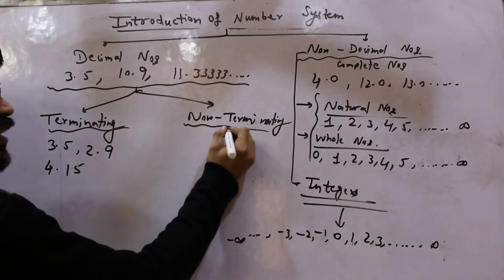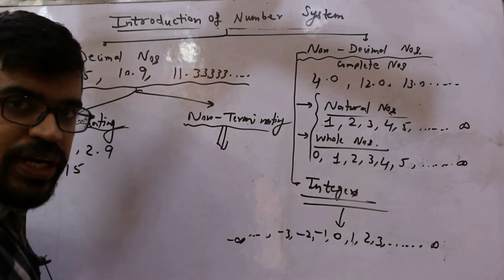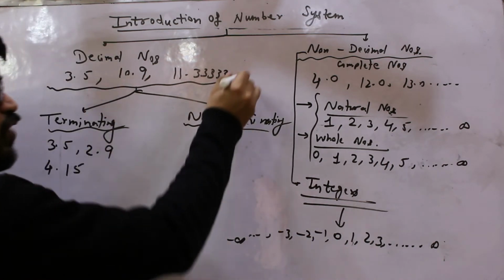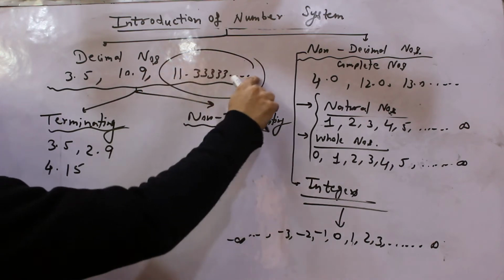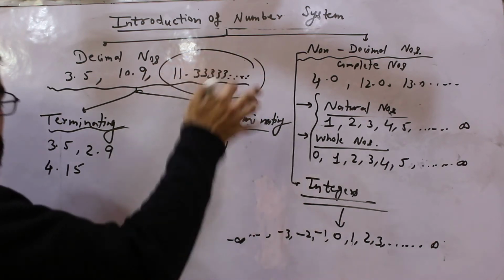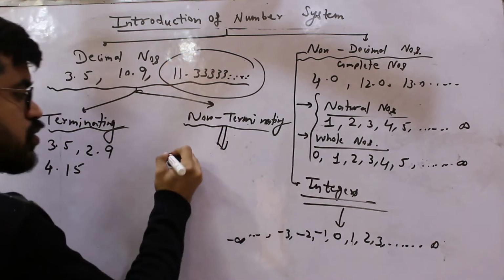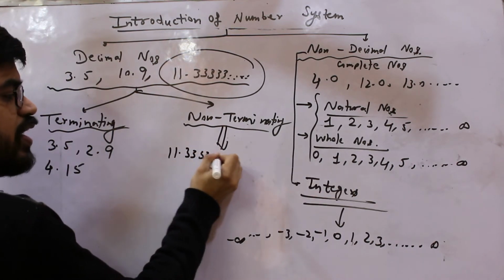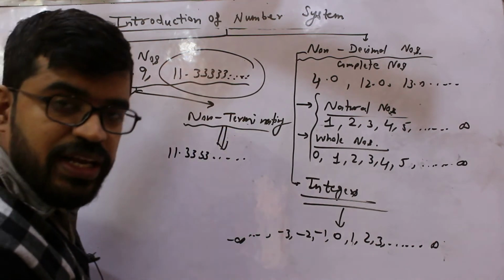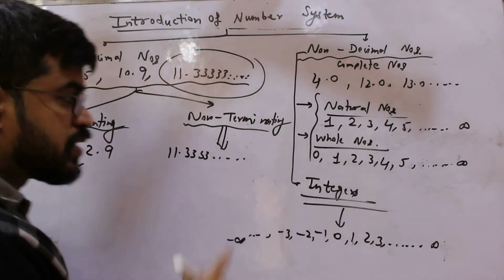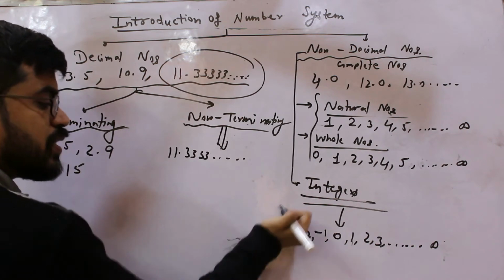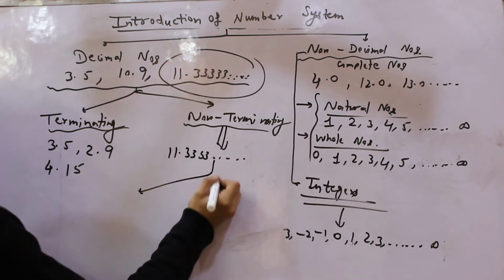But on the other hand, there are other numbers called non-terminating which have no end. Say for example 11.33333, you can see this 3 is repeated till infinity. It will never end. So 11.333, these numbers are called non-terminating numbers. However, non-terminating numbers can also be categorized into two parts.